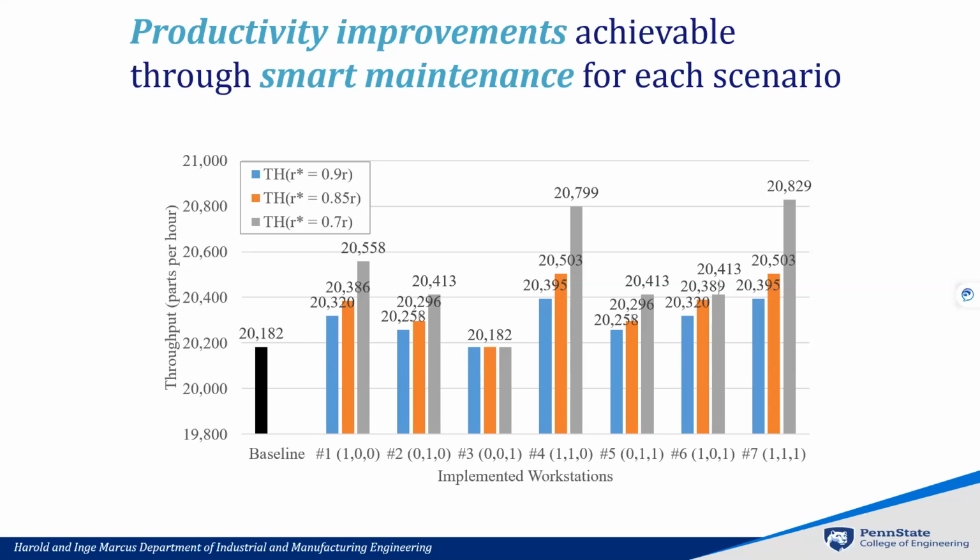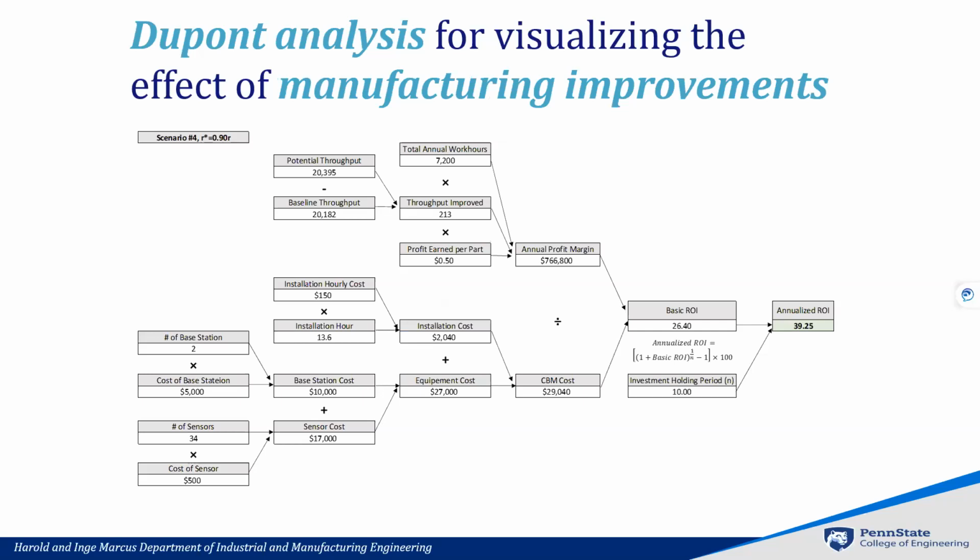So this is a particular case that we talked about for the BMC. So the key point here is you can analyze what will be the consequence in terms of benefits in improved throughput. Last but not the least, how does it impact the bottom line?